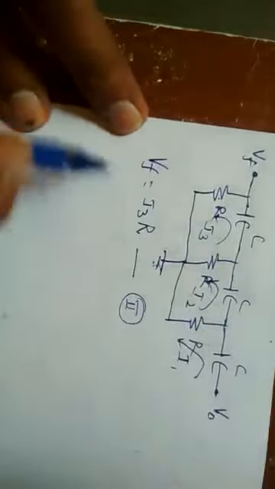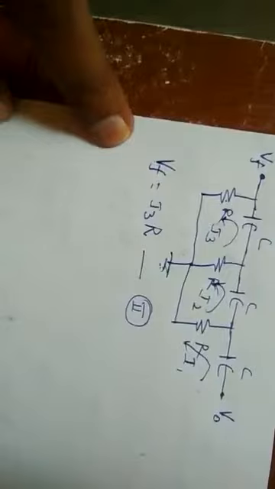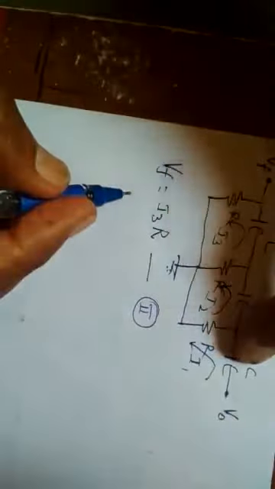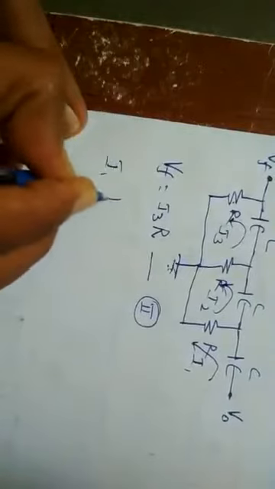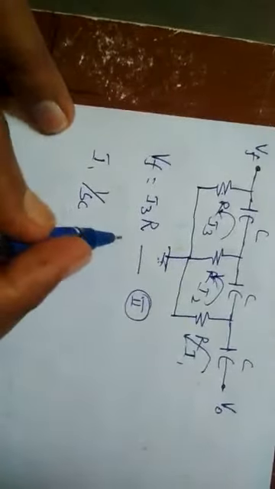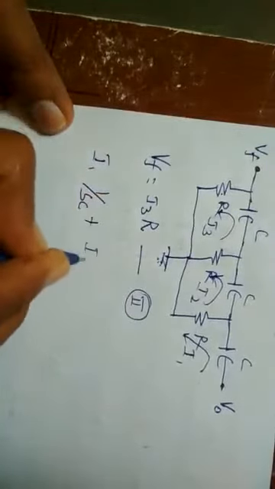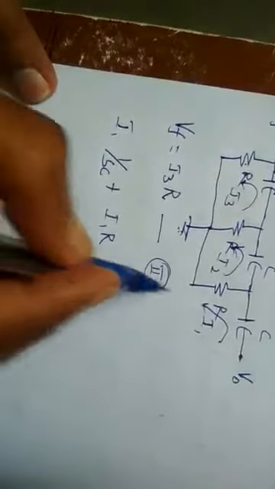By considering the first loop and the effect of I1, if you write the potential equation, the potential drop across this capacitor is I1 into 1 by SC, because it is a capacitor, and the potential drop in this R is plus I1R, which equals the potential on the other side.